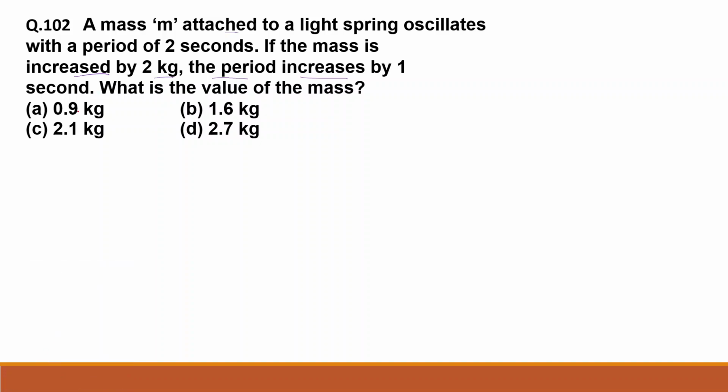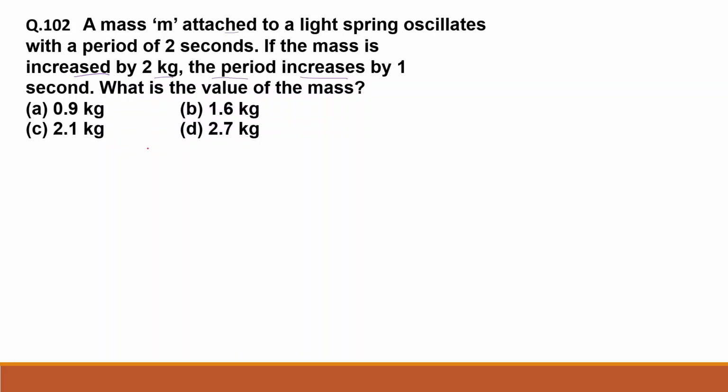I will take red. First I will write the equation from which we can solve this question. We can solve this with the help of the frequency of oscillation. First we will write the values.